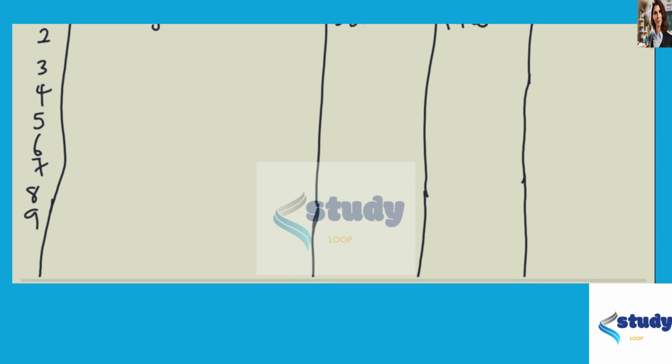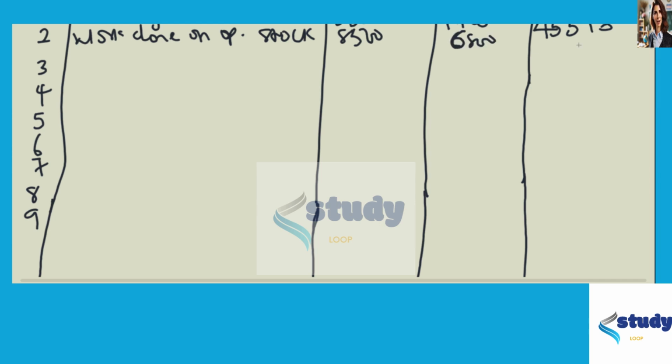So therefore the cost is 45,510. Now the next one is the work done on opening stock, and it's 8,500, 6,800 and nothing for that. The next thing is the stock added, and this is 35,000, this is 35,000 and that's it.